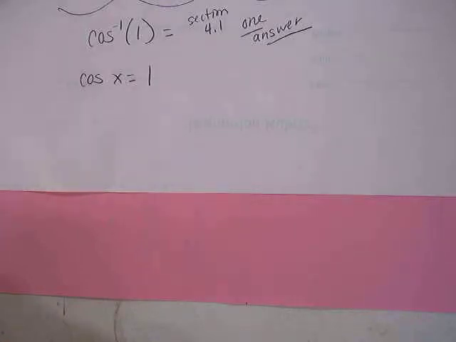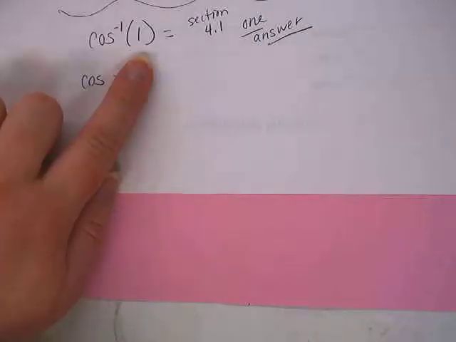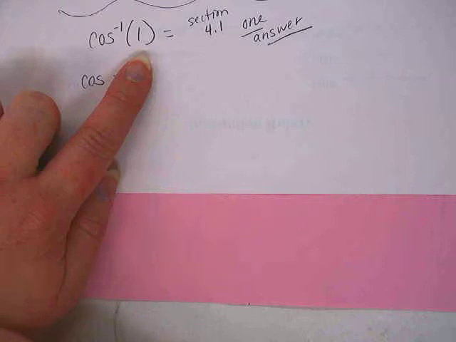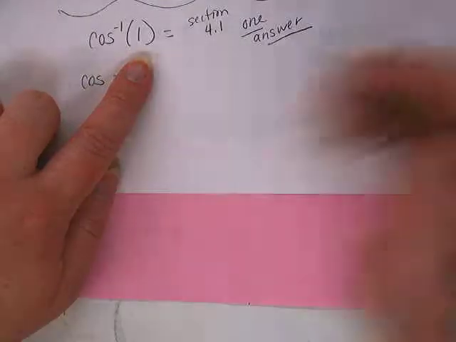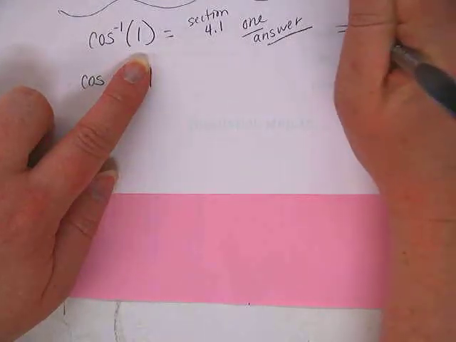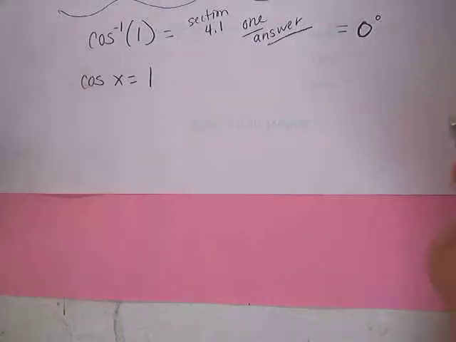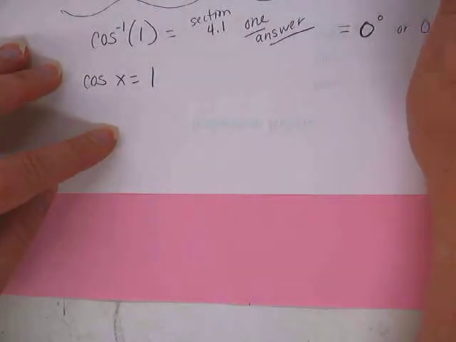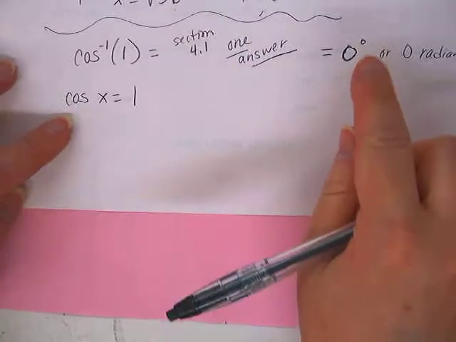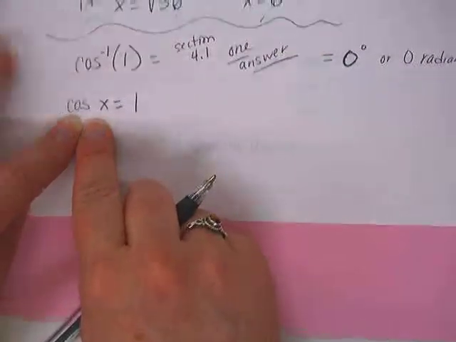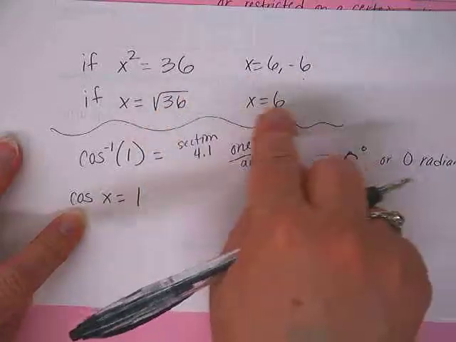And that's the answer you would get when you use your calculator, for example, or just going backwards on the chart, but paying attention to those quadrants. So what quadrants did we say that cosine exists in? 1 and 2. But this doesn't really matter that it's 1 and 2 because it's always 1, and since it's positive, it's going to be 1. So what angle is it that gives that cosine is 1? 0. Good. So the answer is 0. 0 degrees or 0 radians, either way it's still 0, right?